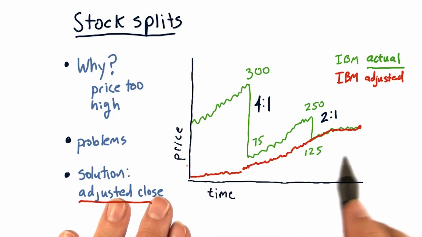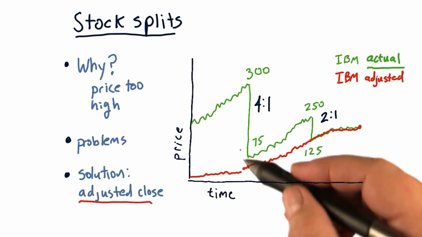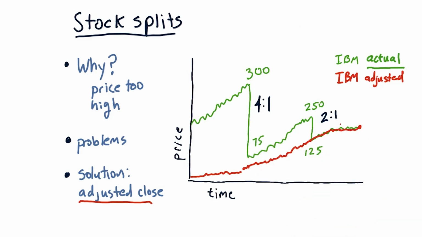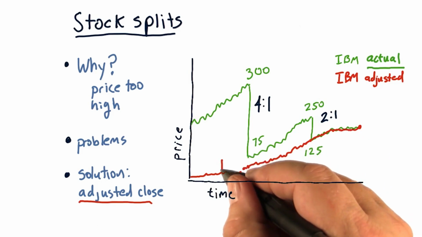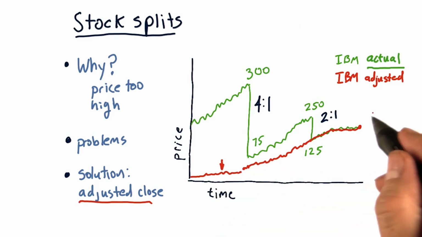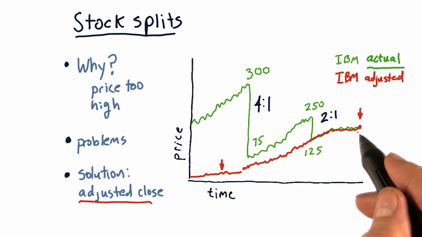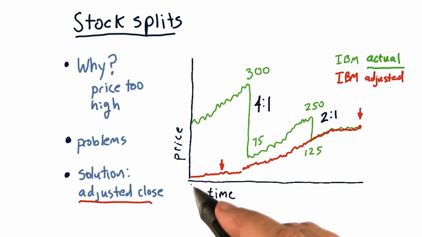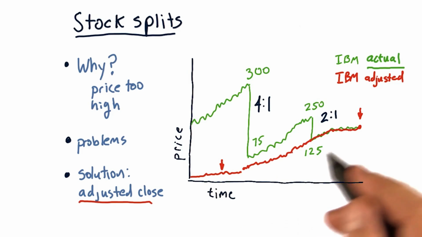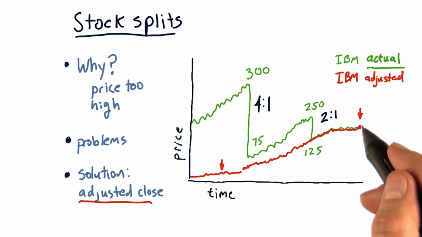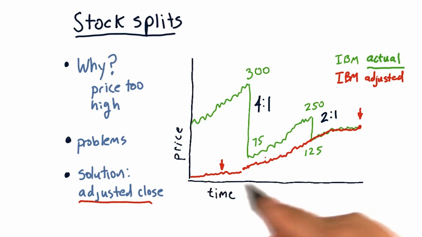So now we have a nice smooth price timeline without these big jumps. And for instance, if you considered that you bought the stock on this day and held it until this day, the accumulation in value that you see there is accurate. It reflects all those splits, and you would have a lot more shares here, but this would also correctly represent the increase in value.